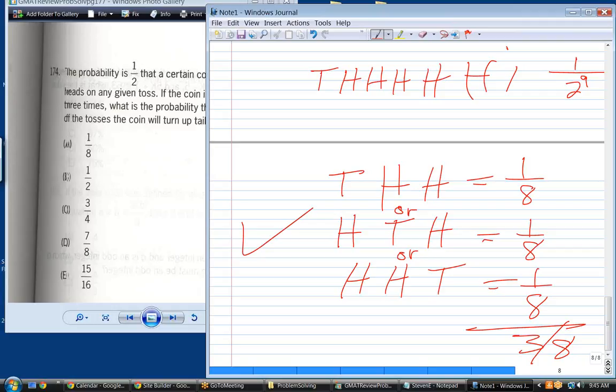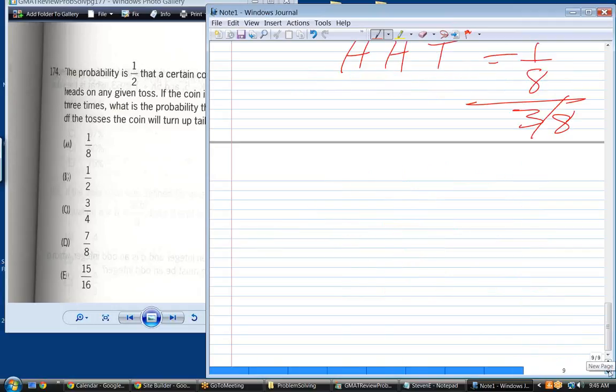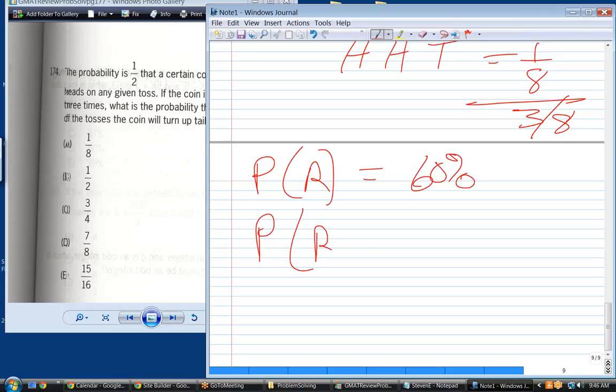Here's a good example. I'm going to give you right now. If the probability that it rains on a given day is 60%, and on a second day it's also 60%, what is the probability that it will rain either day?